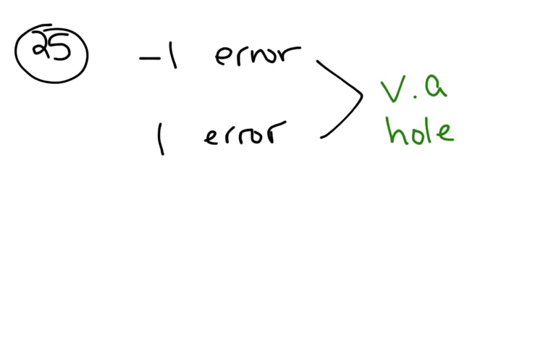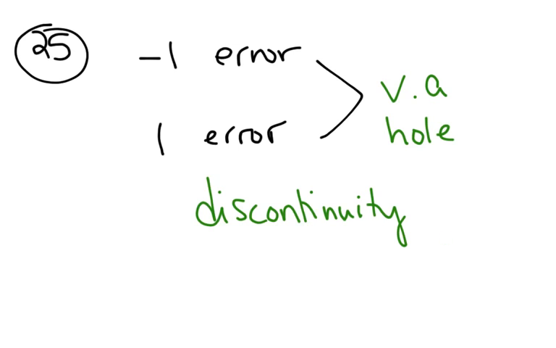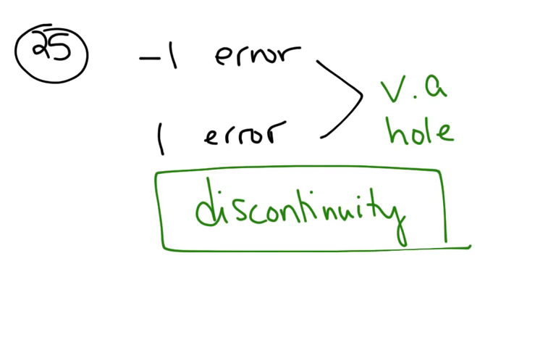But it doesn't matter, because either way, it tells you that there is a discontinuity at that point. The graph doesn't exist there. So anytime you look at a table and the y value says error, that means that some sort of discontinuity is occurring there. And that discontinuity may be a hole, and it may be a vertical asymptote.